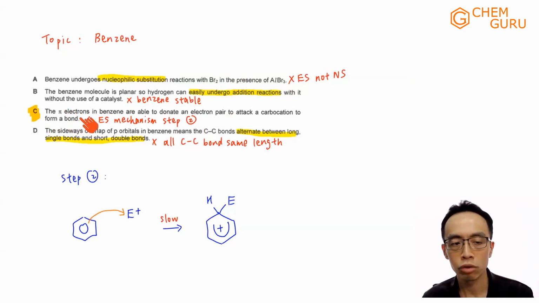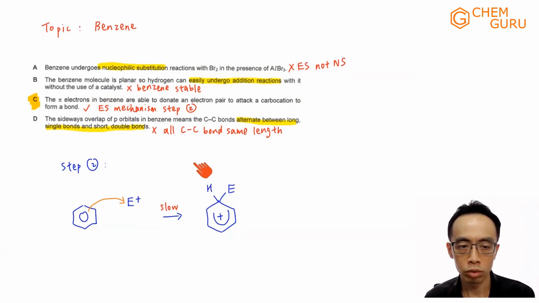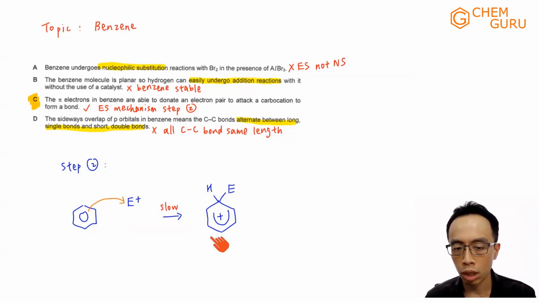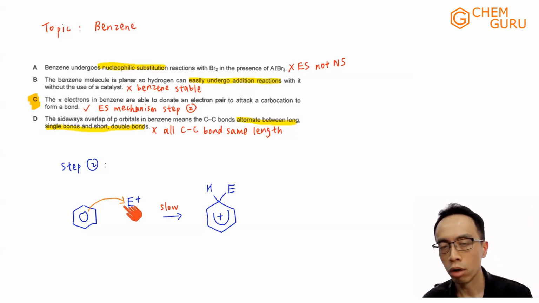C, the pi electrons in benzene are able to donate an electron pair to attack a carbocation to form a bond. This is actually describing the second step involving the electrophilic substitution mechanism. So usually step number 1, I will be generating the electrophile. Step number 2, what is happening will be benzene will use its ring and then attack your electrophile.